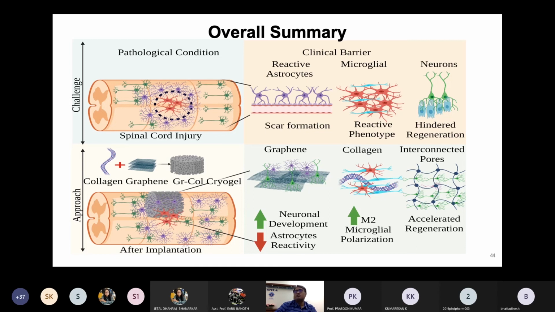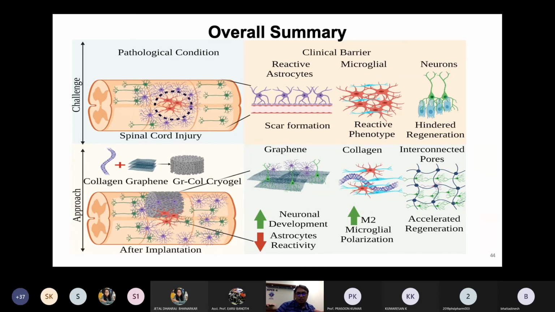BMSCs show that in some experiments they give better efficacy, but in some experiments they are equivalent to GR call alone. So we are further analyzing the data. We also have NGS data. Altogether we will probably have a better mechanistic view of how this whole repair process and inflammation control is going on. So this is the overall summary of our work.